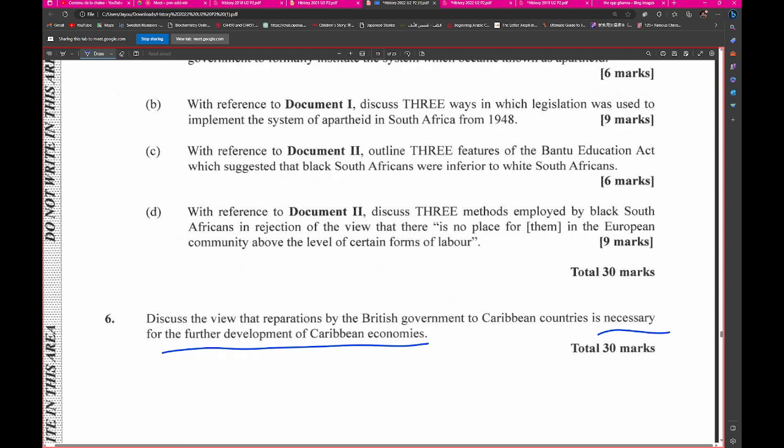I really don't know how I'd answer this question, whether I would agree to an extent or argue to an extent.